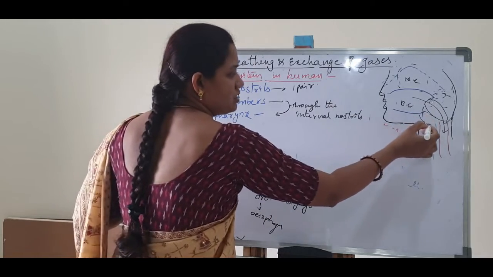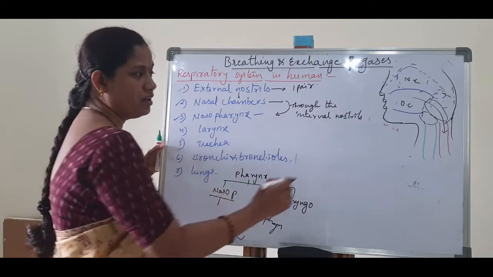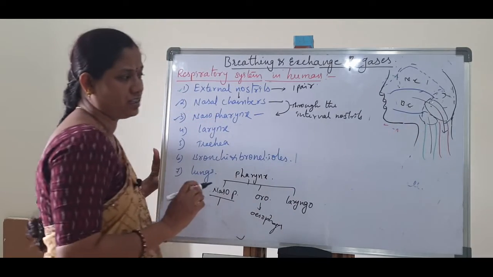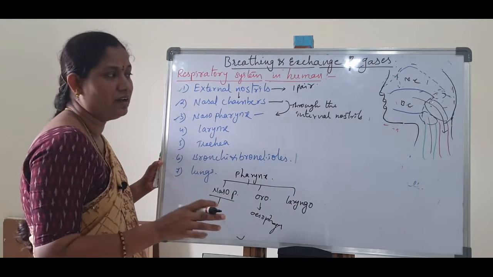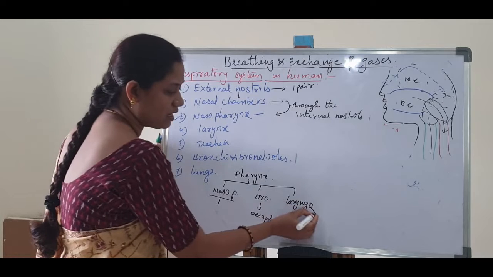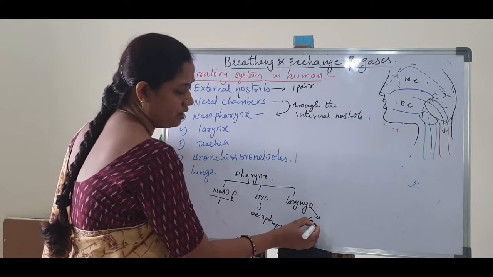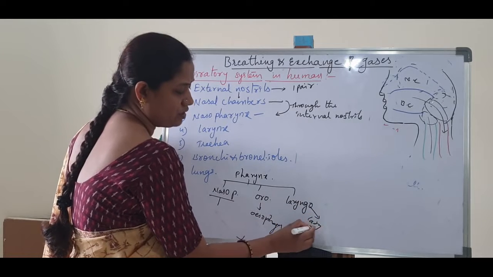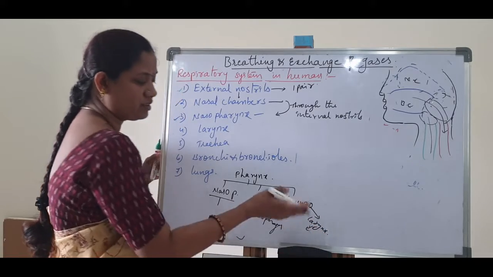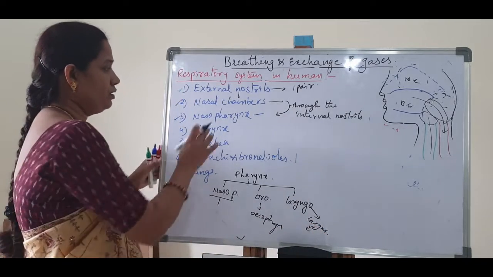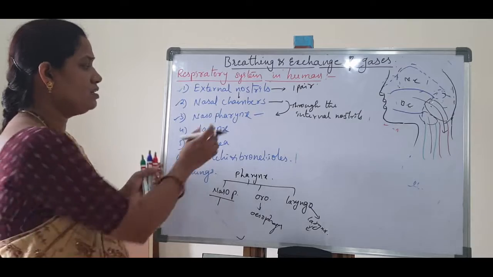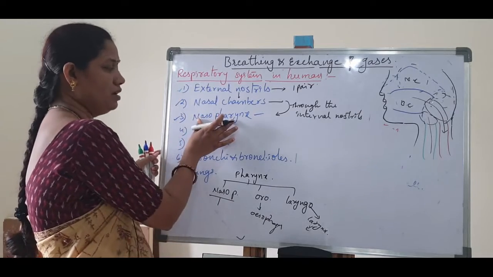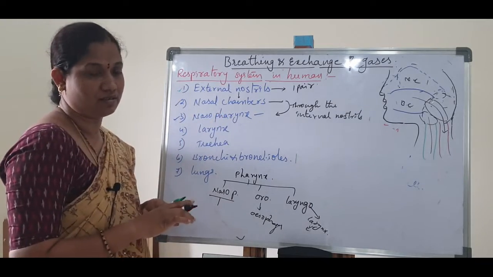Next, this region is called laryngopharynx. Here it is connected to the trachea. This laryngopharynx is connected to the larynx, and the larynx is connected to the trachea. So this is about the nasopharynx.